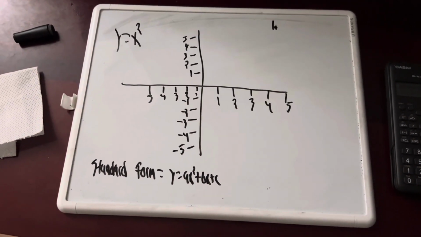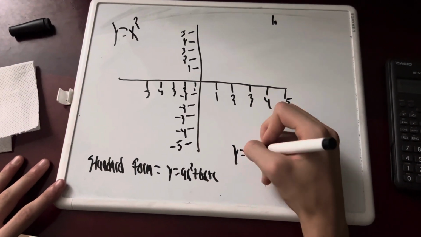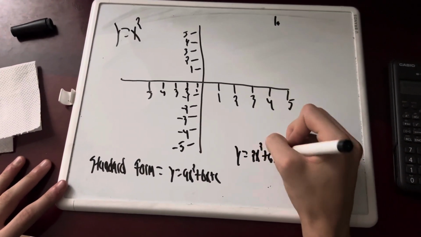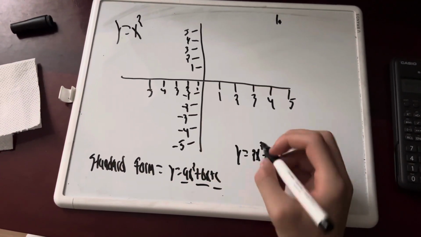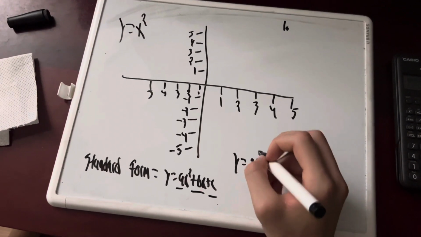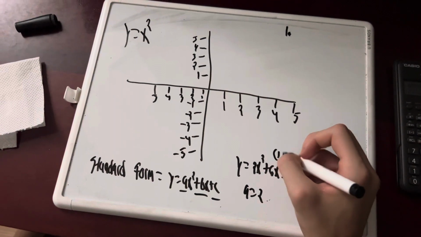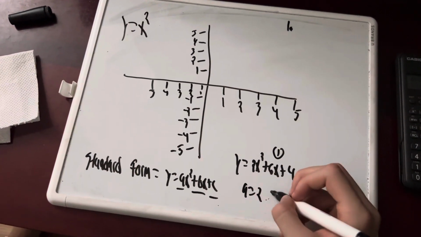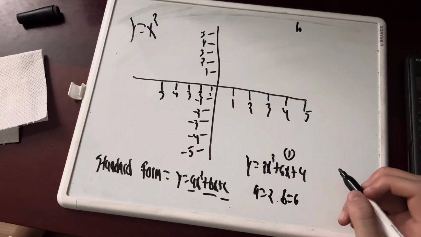To understand this, if we have a full quadratic equation in the form of y equals 2x squared plus 6x plus 4, and we want to find a, b, and c: the 2 is in front of our squared term, so a is 2. The number in front of our linear term is 6, so b is 6.